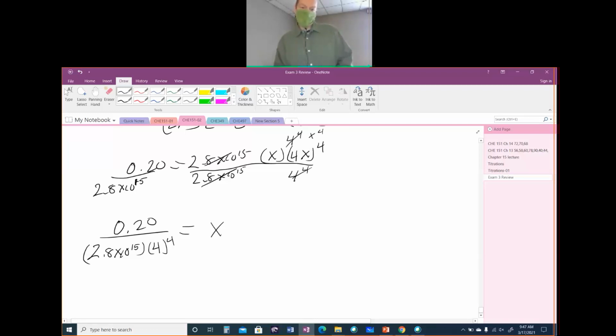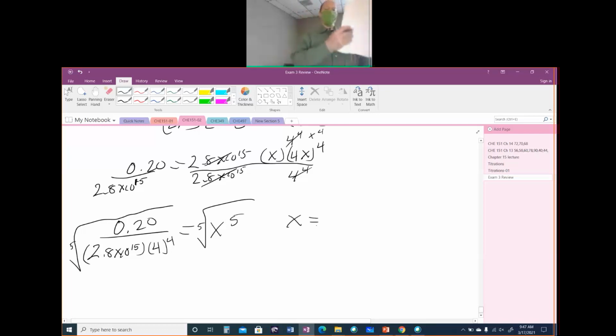And so then I have x to the fifth. Then I take my fifth root of both sides to get my x value. And when I take the fifth root of that, I get 1.9 times 10 to the minus 4.